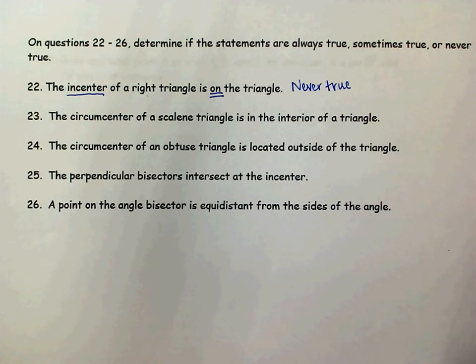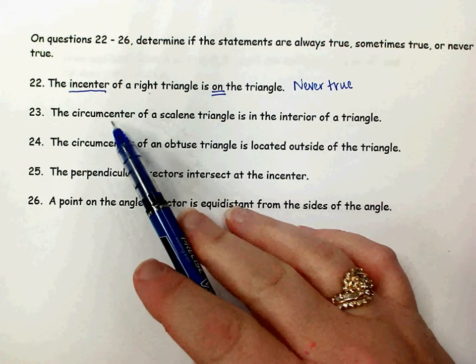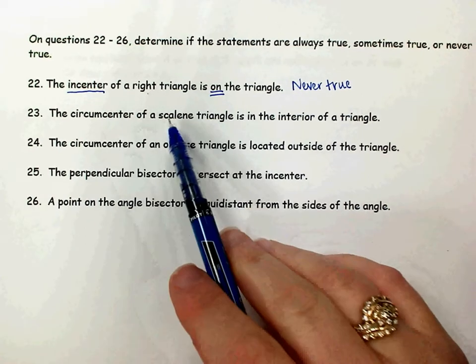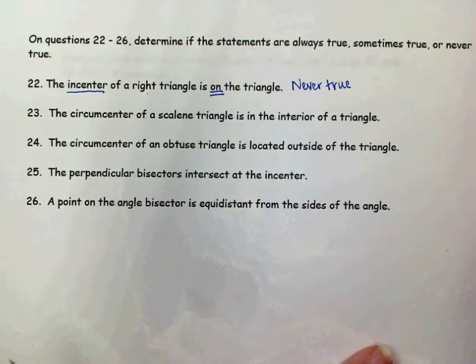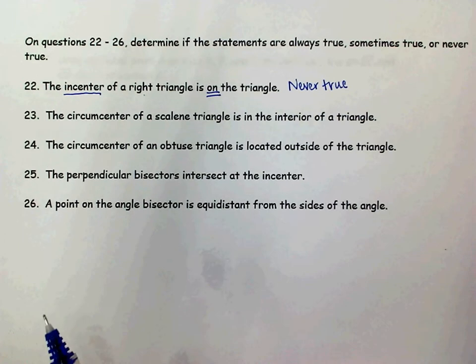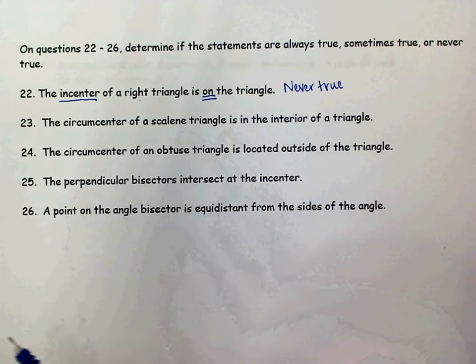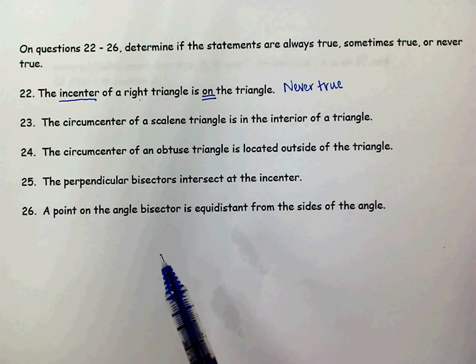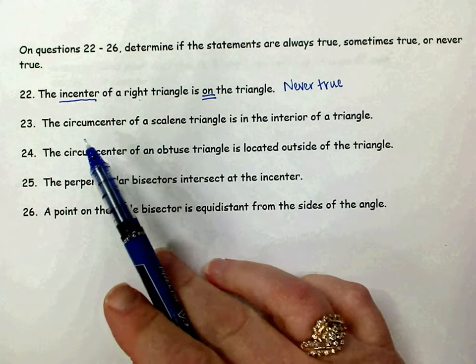Number 23, the circumcenter of a scalene triangle is in the interior of the triangle. Now the circumcenter is the one that sometimes is inside, sometimes is on, and sometimes is outside. But it has nothing to do with whether it is equilateral or isosceles or scalene. It has to do with the angle measures. When the triangle is an acute triangle, the circumcenter is always inside.